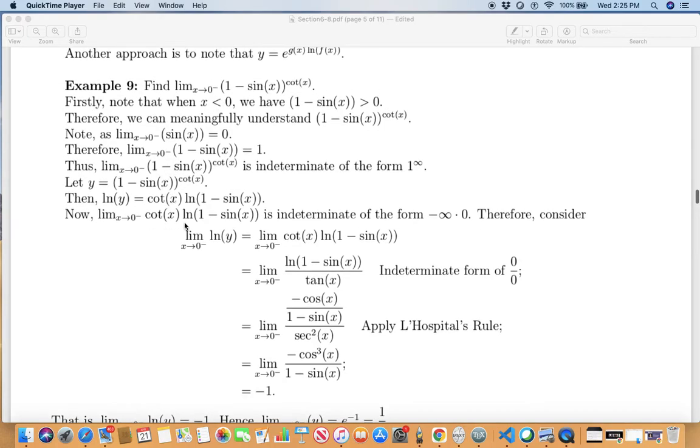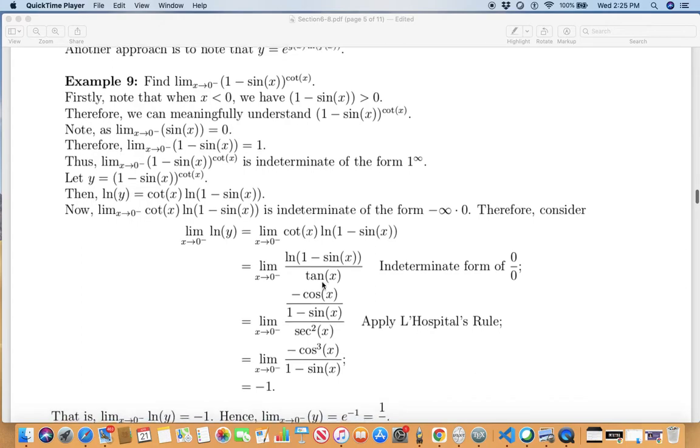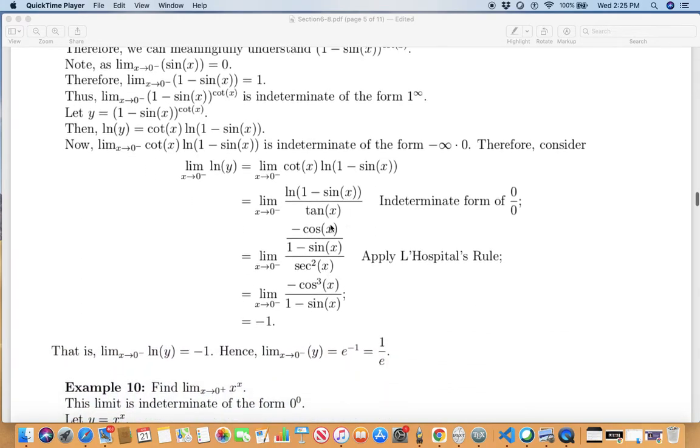Of cotan x times natural log of (1 minus sine x). If you look at its form, it is indeterminate of the form infinity times 0. So this can be converted. You divide by the reciprocal. Rewrite it with a denominator. Okay, now this is finally indeterminate of the form 0 over 0.